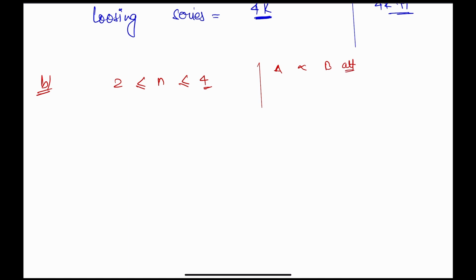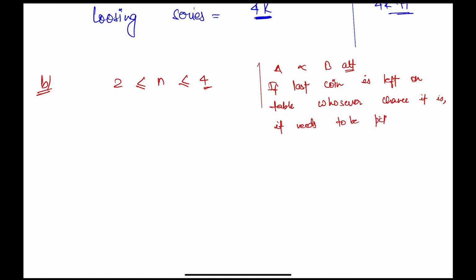And again if the last coin is left on the table, whosever chance it is, it needs to be picked. If one coin is there, then he has to pick.